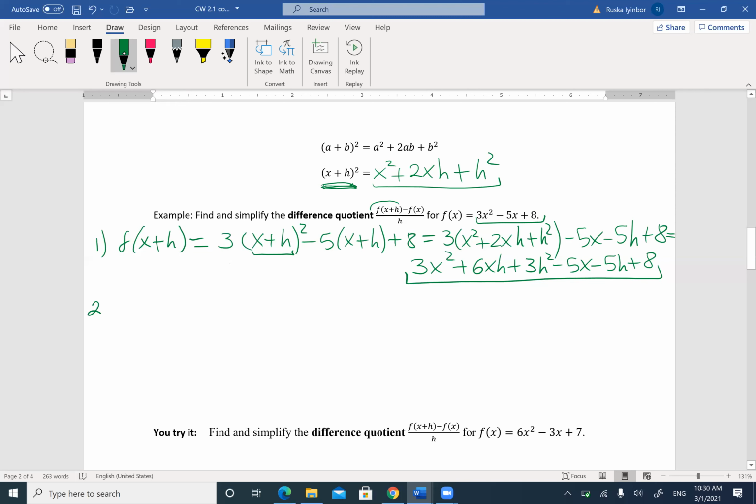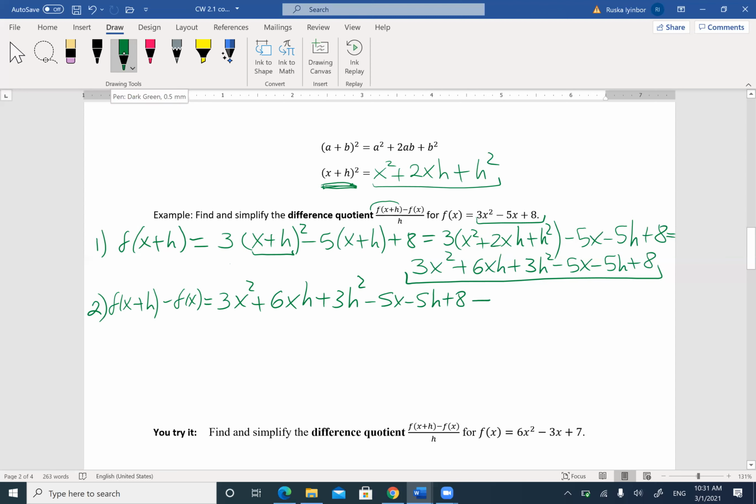Then step 2, I have to do f of x plus h minus f of x. How do you do that? I'm going to copy this answer from step 1, and I'm going to subtract f of x.